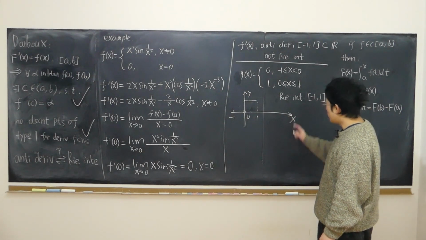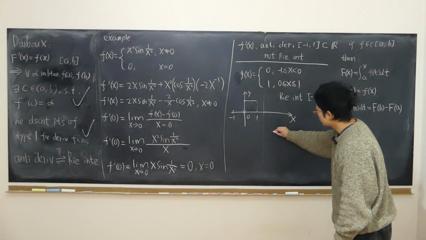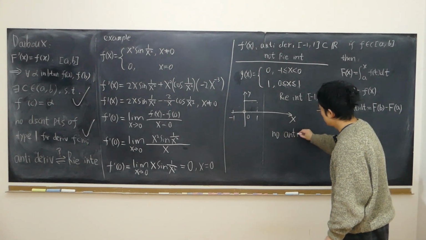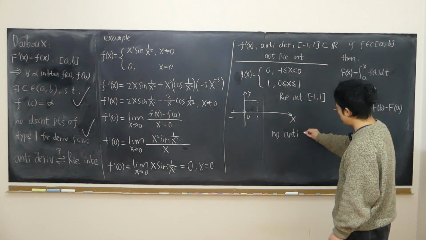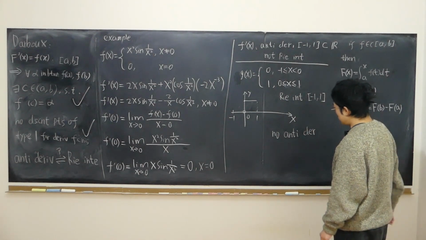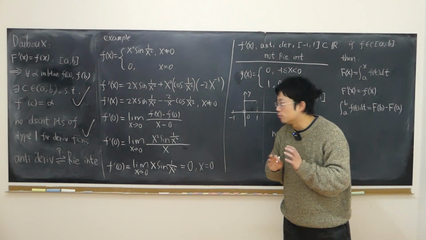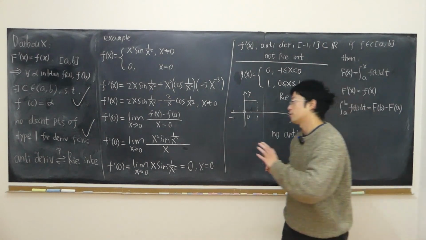But even though it is Riemann integrable, it does not have antiderivative. Here's my claim. It does not have antiderivative. If we assume it has antiderivative, what contradiction can we have?